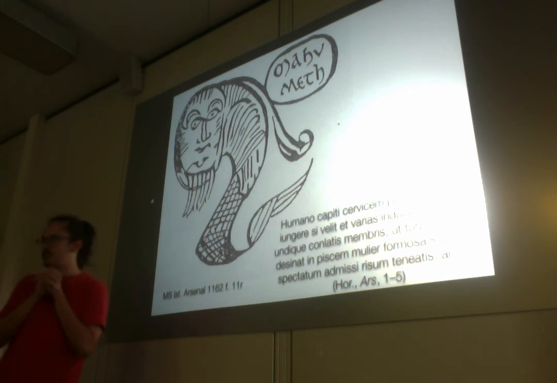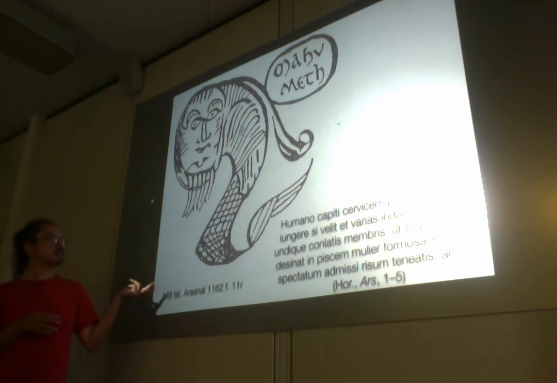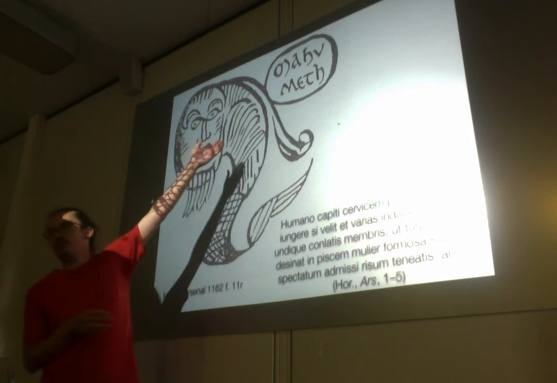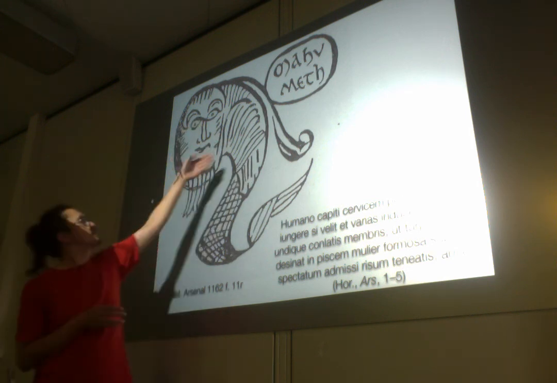But these people have been doing this since the 12th century. So this is a cartoon that appears in the earliest manuscript of Robert of Ketton's translation of the Quran, and it's obvious that it's Muhammad.